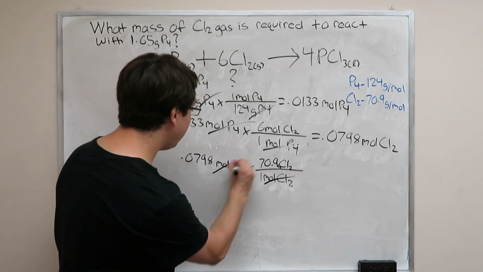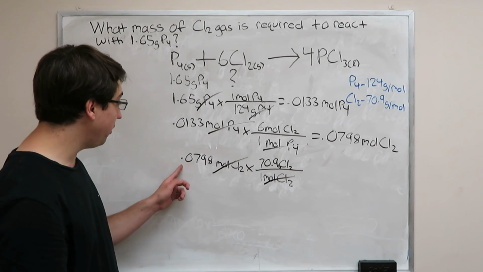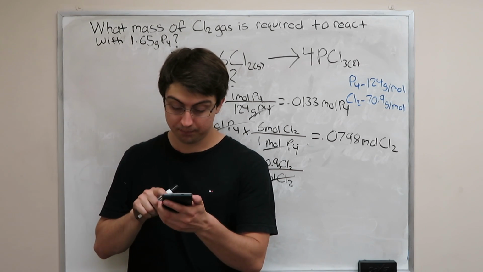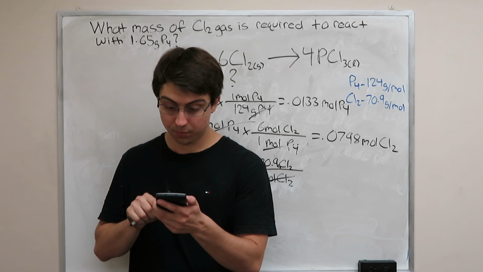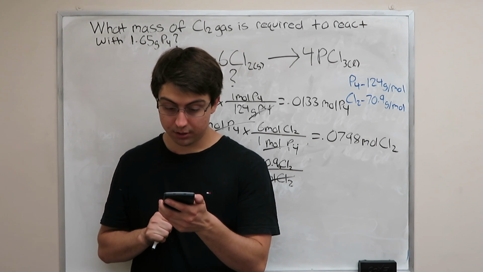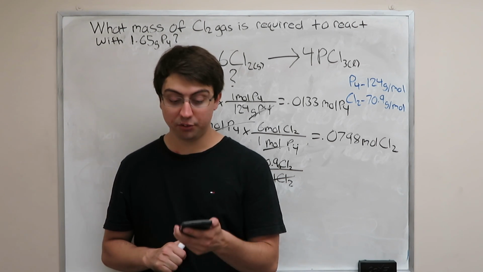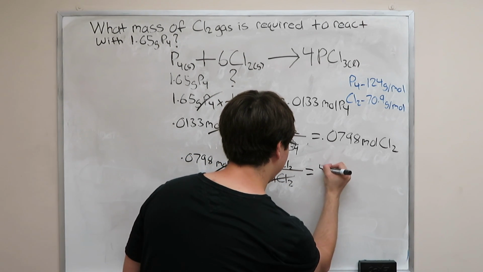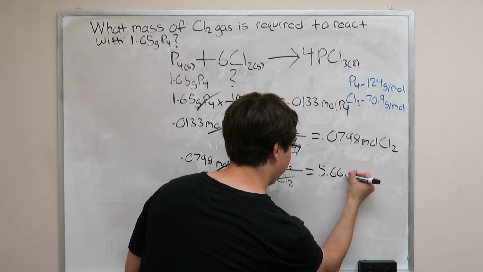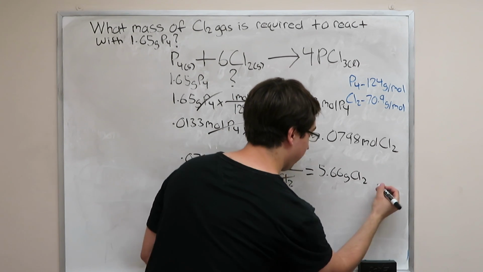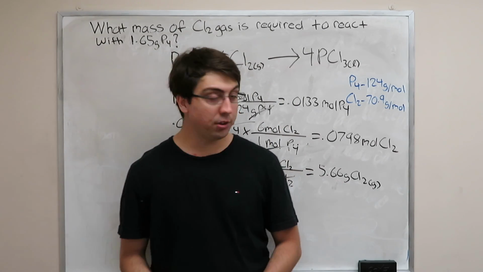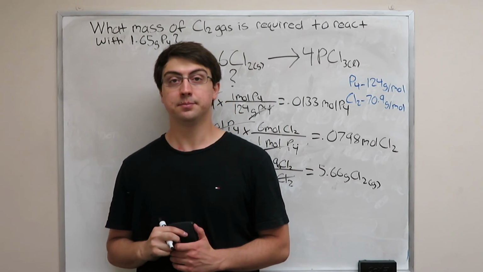The moles of chlorine will cancel out, and you just need to take the 0.0798 and multiply times 70.9. Stop at 2 decimal places, so 5.66. So 5.66 grams of chlorine gas is required.